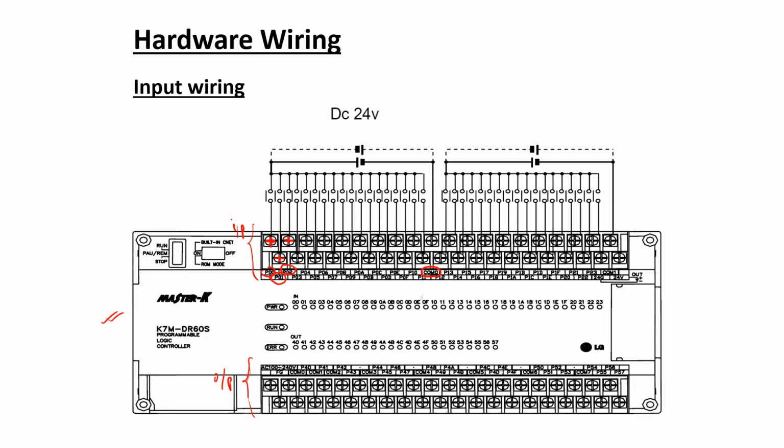Now, regarding the polarity of the DC source, the diagram indicates that you can connect the DC source in both the positive polarity and the negative polarity.